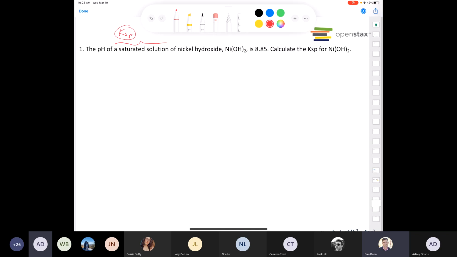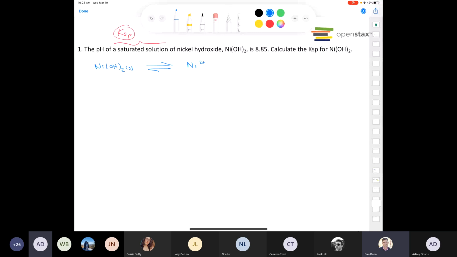All right, let's take a look here. It says you've got a saturated solution of nickel hydroxide. You've got the pH, and it's asking you to calculate what the KSP for nickel hydroxide is. Well, if we just start out with the equilibrium, if you have nickel hydroxide, which is an insoluble compound, it's going to be in equilibrium with nickel 2 ions.